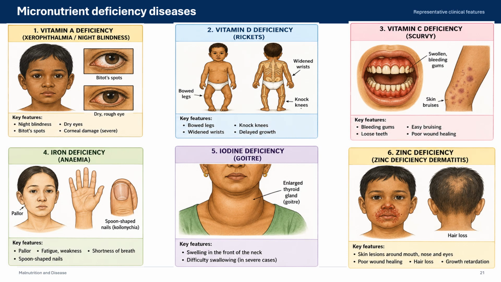Zinc is generally crucial for growth, immunity, skin health, and wound healing. Hence, its deficiency causes zinc deficiency syndrome, characterized by growth retardation, poor immune function, delayed wound healing, hair loss, dermatitis, and impaired taste perception.